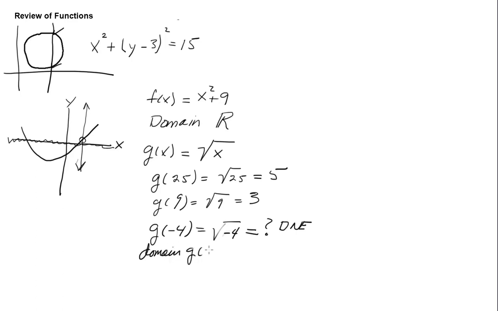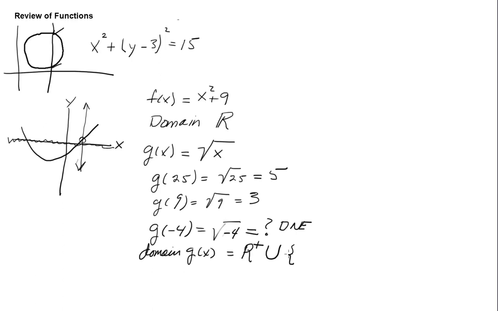So the domain of g of x would be equal to all the positive real numbers. Now, how are we going to write that? Well, we might write that as R plus. Now, actually, 0, you can take the square root of 0. The square root of 0 is 0. So I want 0 in this set, but the positive numbers do not include 0 because 0 is not a signed number.